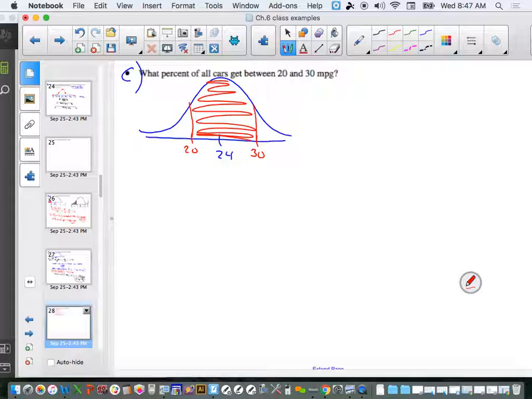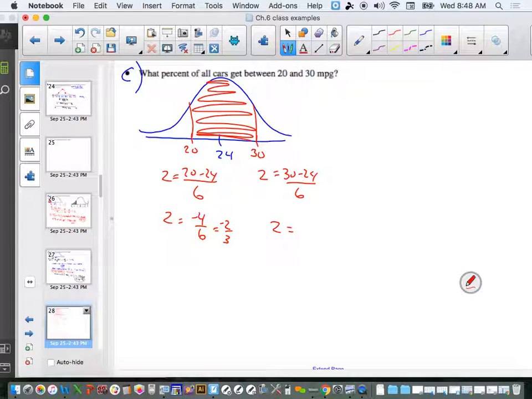Okay? So what I need to do is change these to z-scores. So I'm going to take 20 minus 24 over, what was the standard deviation? 6. And then this one I'm going to do 30 minus 24 over 6. So here I get a z-score of negative 4 over 6, which is equal to negative 2/3 reduced.